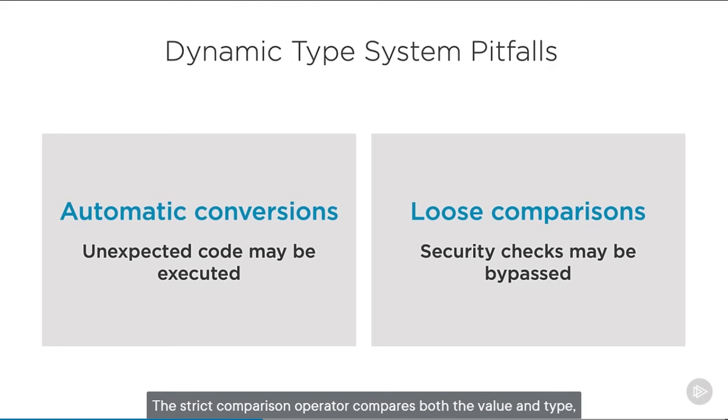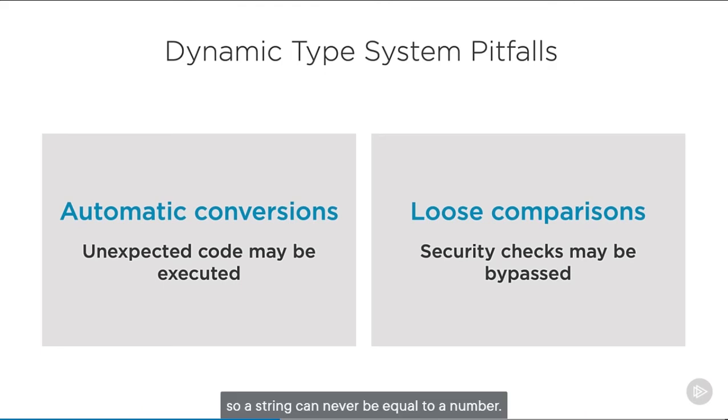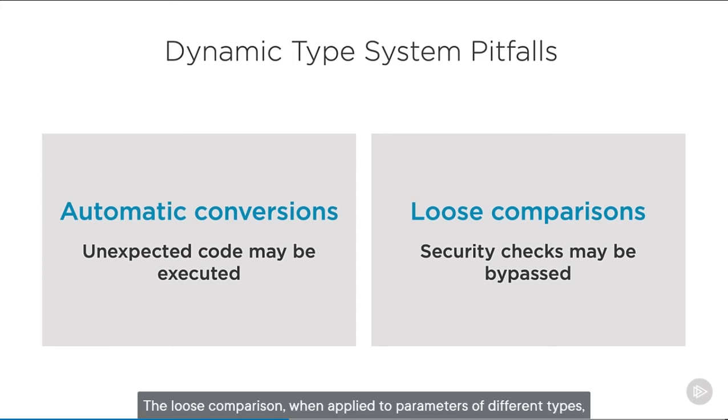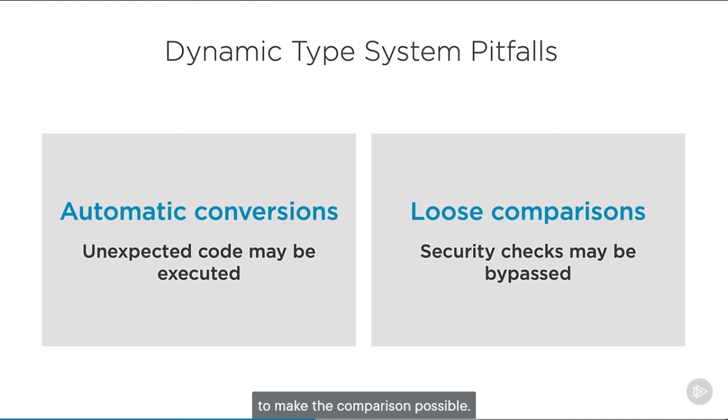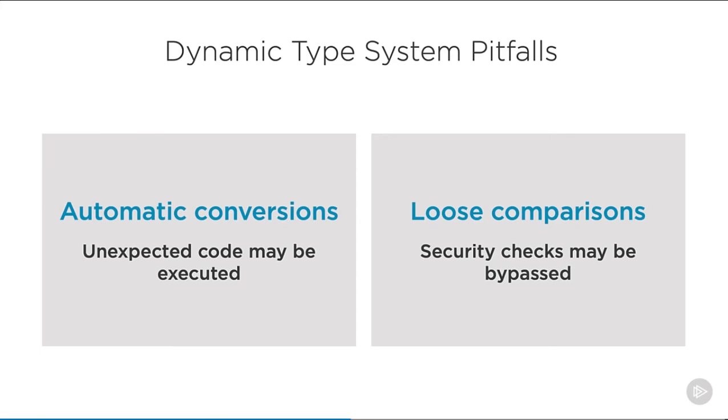The strict comparison operator compares both the value and the type, so a string can never be equal to a number. The loose comparison, when applied to parameters of different types, automatically converts the operands to a common type to make the comparison possible. When using this operator, a string can, in some cases, be equal to a number.